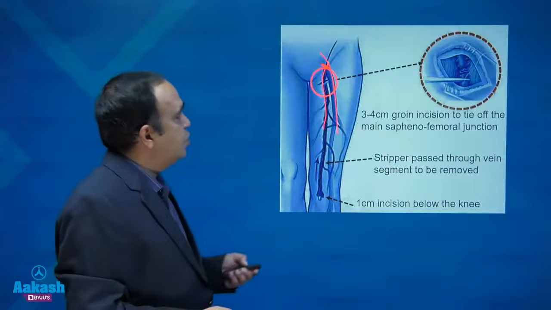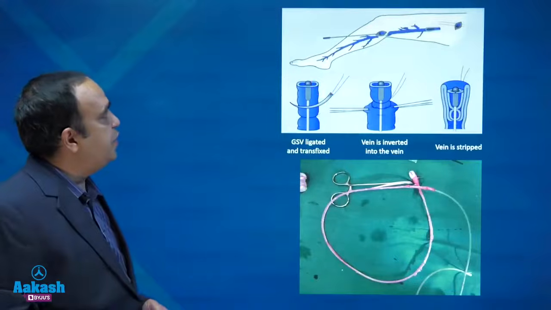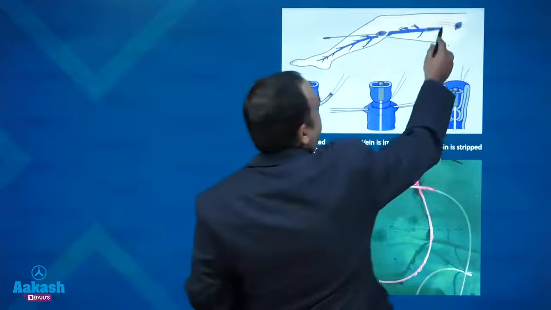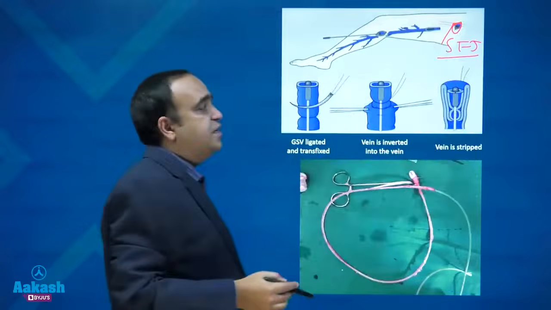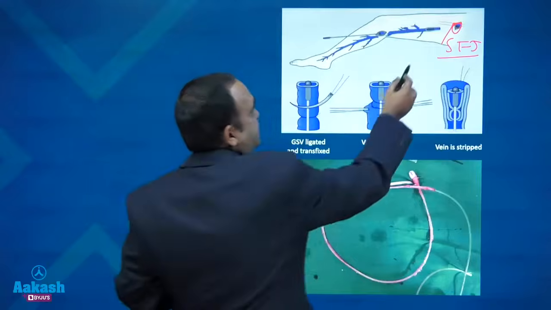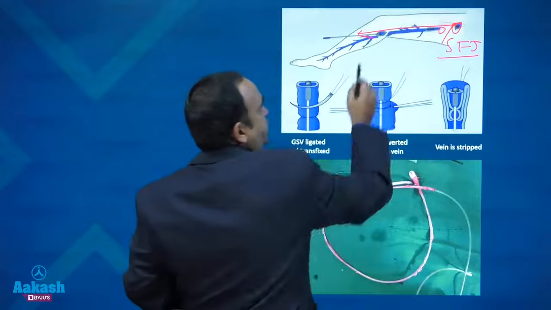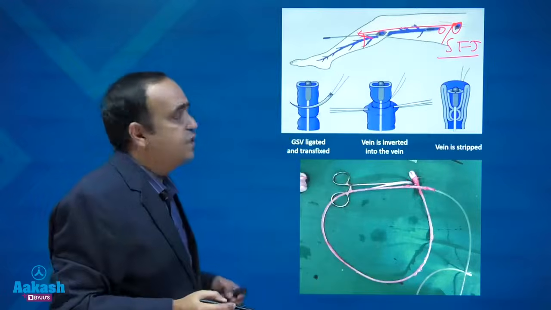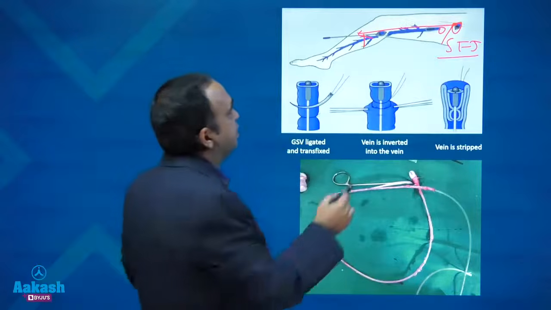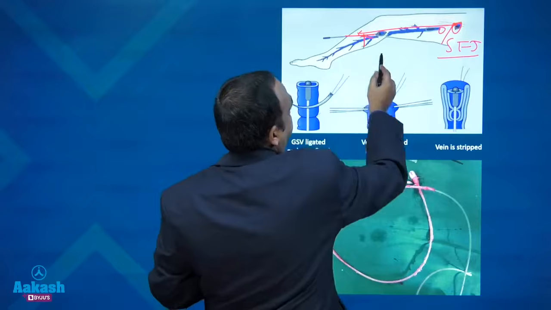Okay, so now this is about how the stripping is done. That's a saphenofemoral junction. So you tie the great saphenous vein and divide it. From this end, we insert the stripper instrument along the vein. Suppose this is the level to which we want to remove it, above the mid calf. Then take out the stripper from here.